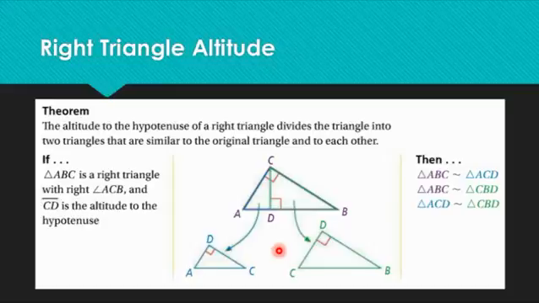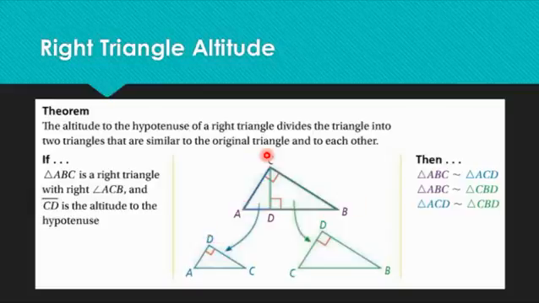It divides the triangle into two triangles that are similar. So these two smaller triangles are similar to each other, and both of those triangles are also similar to the original triangle ABC. So triangle ABC is similar to triangle ACD.